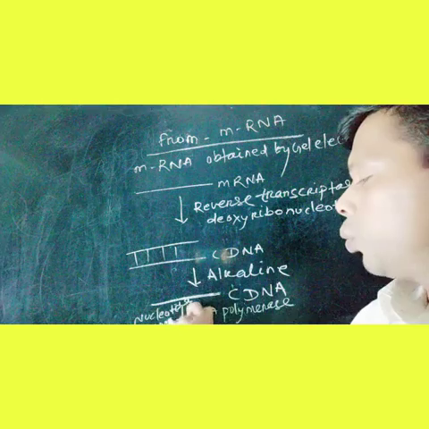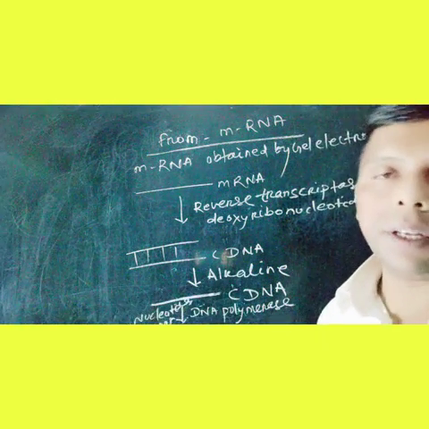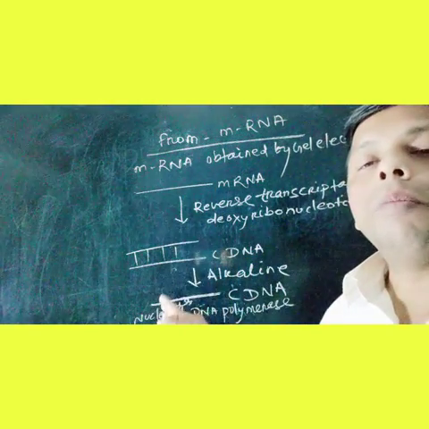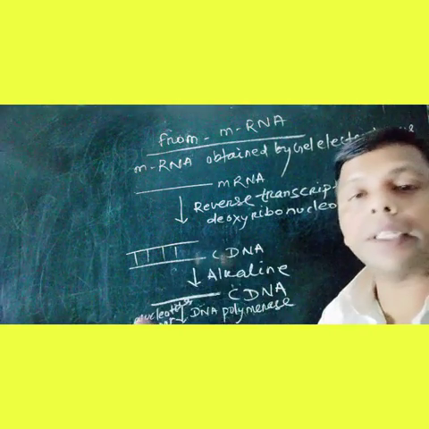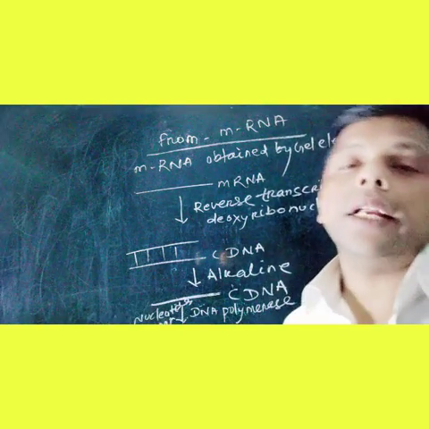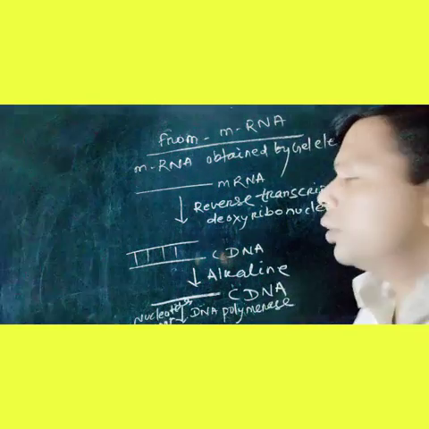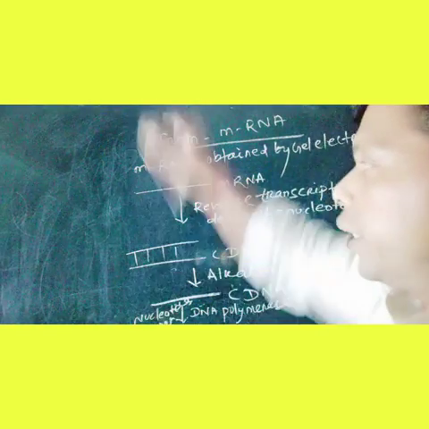These are used to obtain the DNA or segment of gene. This is the method by which we can obtain the gene of interest in cases where the DNA is not available. Let us discuss the enzymes which are used in recombinant DNA technology.